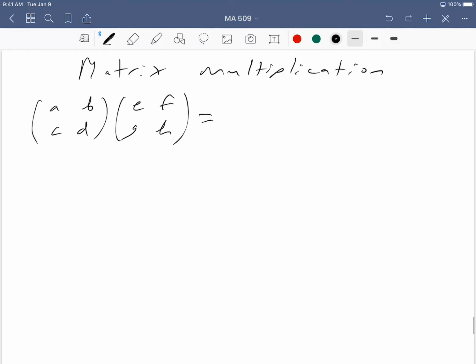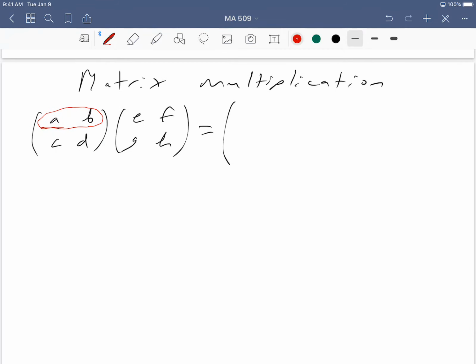All right, so if I want to multiply these two matrices, [A, B; C, D] times [E, F; G, H], what we're going to multiply is a dot product of rows of the first matrix with columns of the second matrix. So for my answer here, I am going to take the first row, A, B, and the first column, E, G, and I'm going to do their dot product.